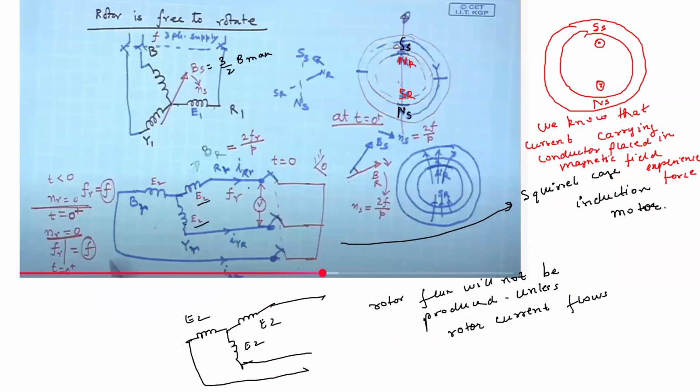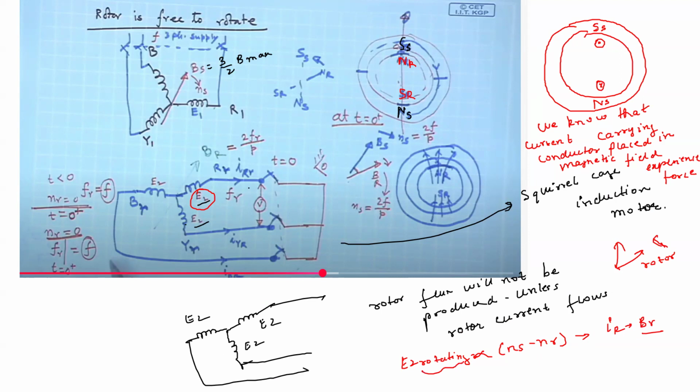We have seen that this E2 rotating is proportional to ns minus nr. Because of this E2 rotating, there was this current and there was this flux. So it will move in that direction which will oppose the cause. So where will this rotor rotate? It will try to rotate in that direction which will reduce the cause, which is this E2.